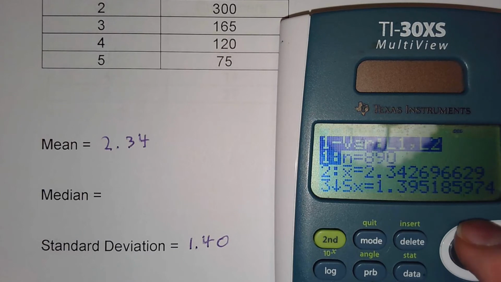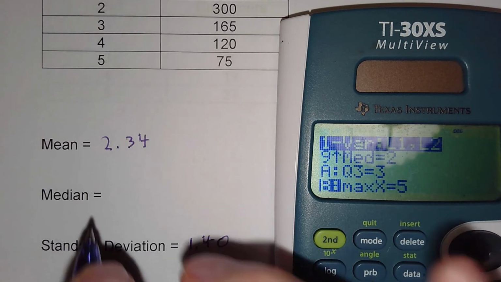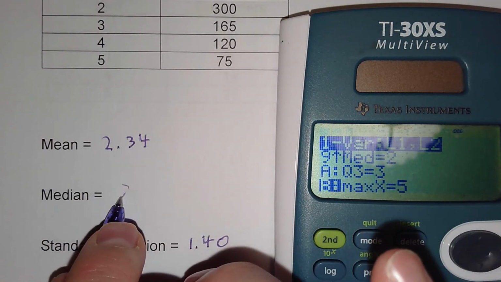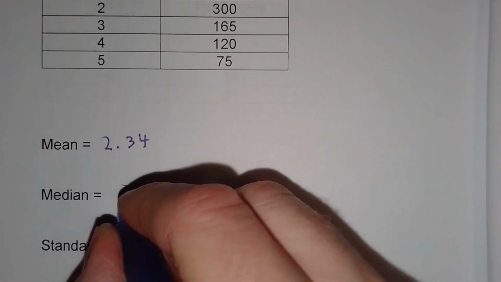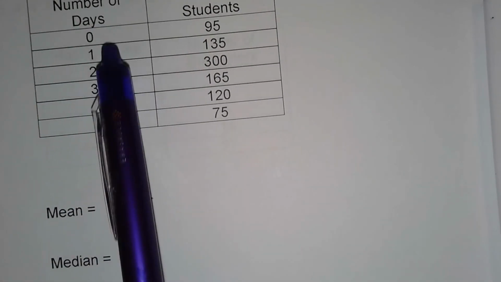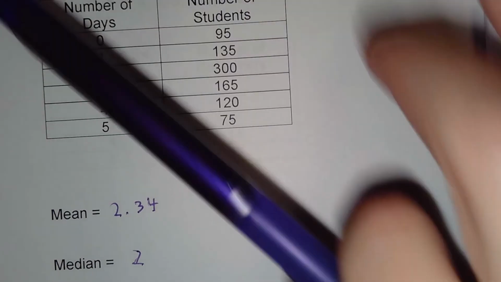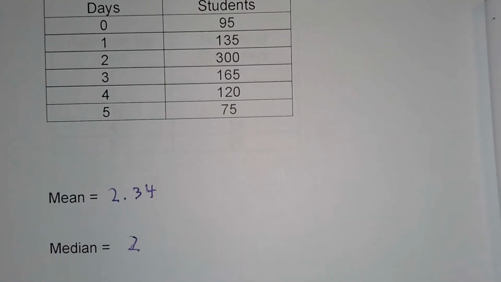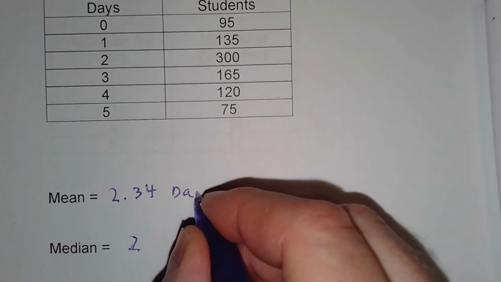Then I hit my up arrow, and my median is 2. Now you might be asking, okay, are these students or days? Well, remember, my data here are the days. So this is in days. That's our units here.